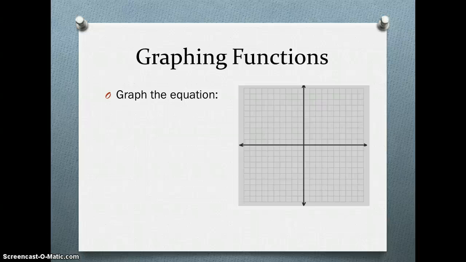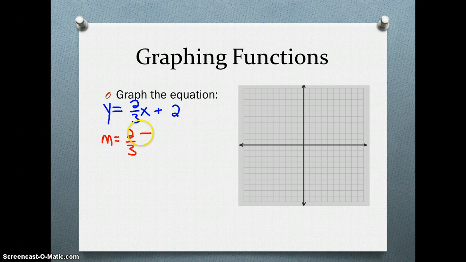I'd like us to graph y is equal to 2/3 x plus 2. Here's how we're going to graph this: our slope m is 2/3. So that's a rise of 2 and a run of 3.